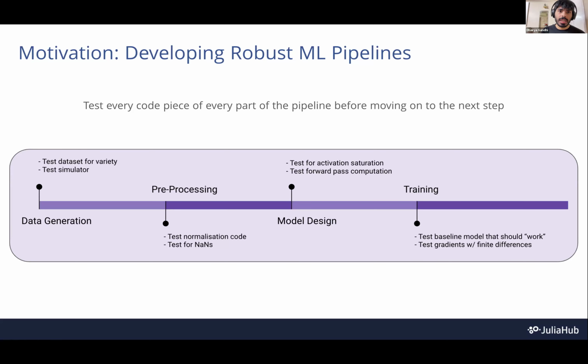For the data generation step, it might be that we have to test for the amount of variety that the data generation process is generating. For pre-processing, we have to test whether, if we normalize or standardize our data, it is all within the sort of bounds, so we never extrapolate. For modeling design, we should test whether our model is always in the active region of its activation function, for example, and so on and so forth.